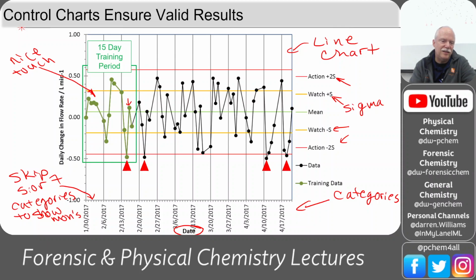Does that make sense? It's to skip 5 or 7 categories to show Mondays. If you don't have weekends in your table, then it's every 5th one. It's Monday, skip Tuesday all the way through Friday, and then Monday again. And so it's just showing the Monday dates.